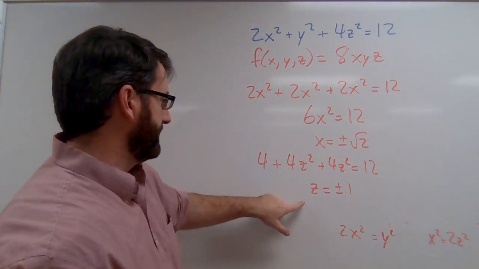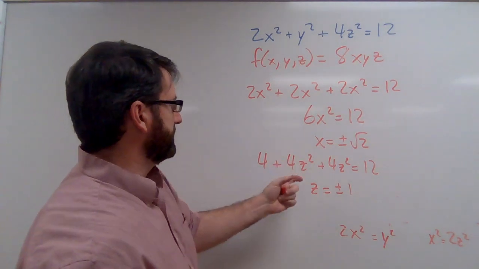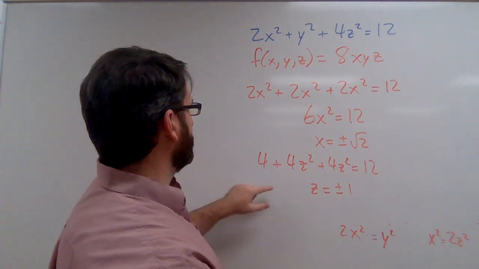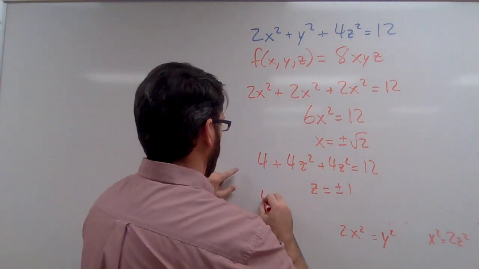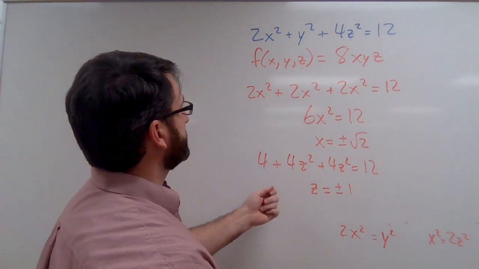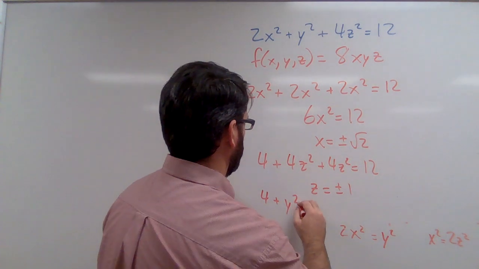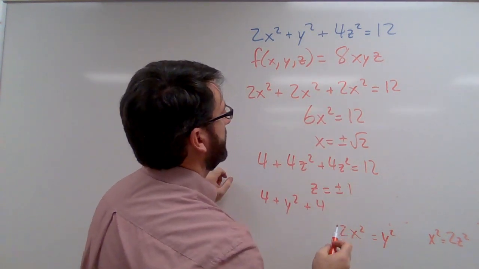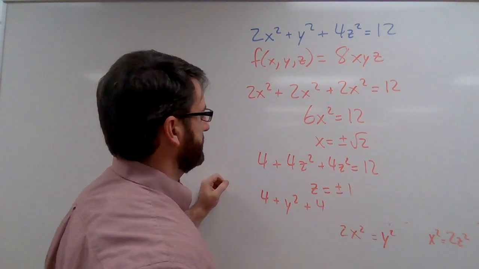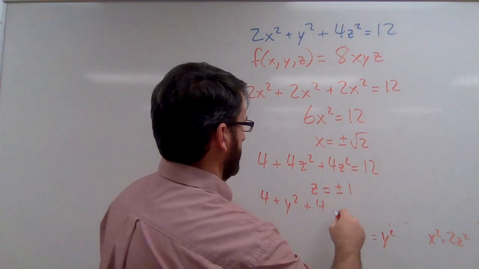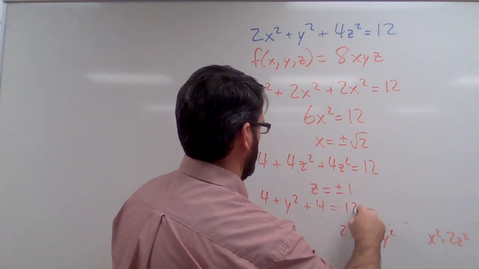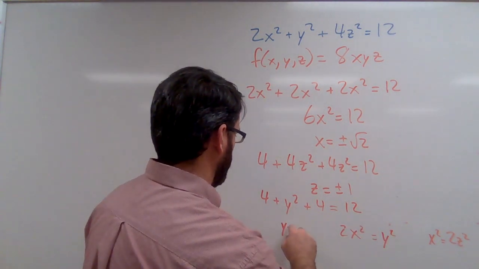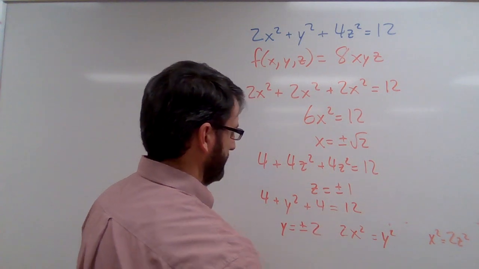And then let's plug in both our x and our z. So we get 4 plus y squared plus 4 times z squared, which is 1, is equal to 12. So y squared equals 4, so y is plus or minus 2.